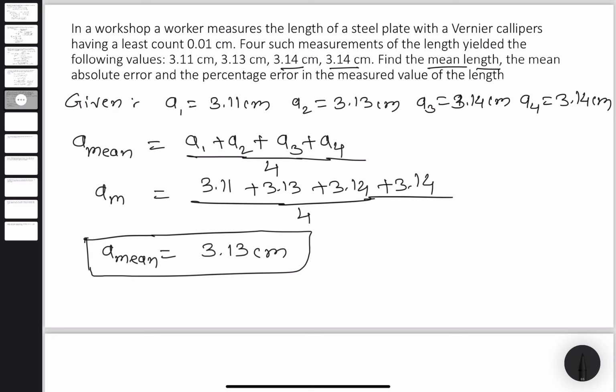Next we have to calculate the absolute error. For absolute error we have the formula delta an is equal to modulus of a mean minus an.